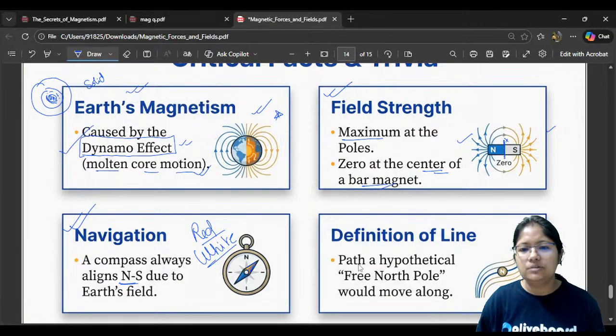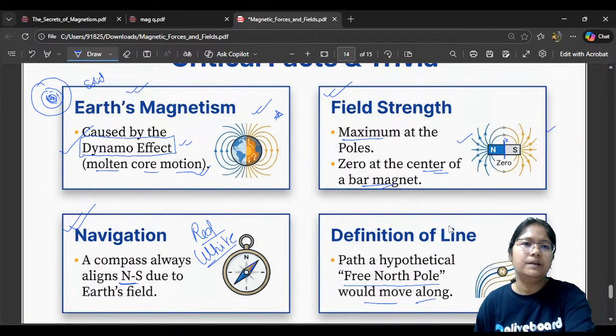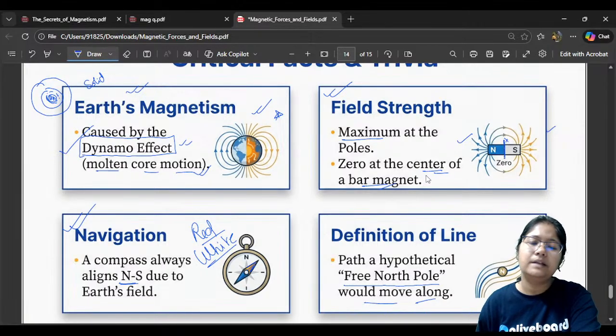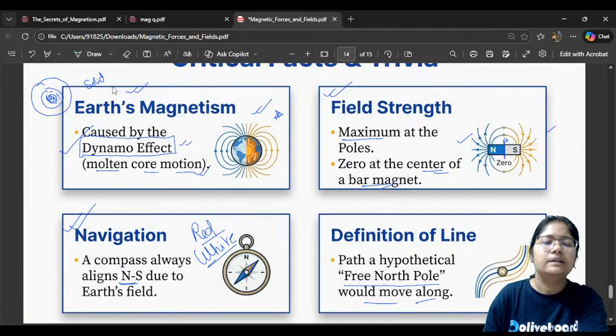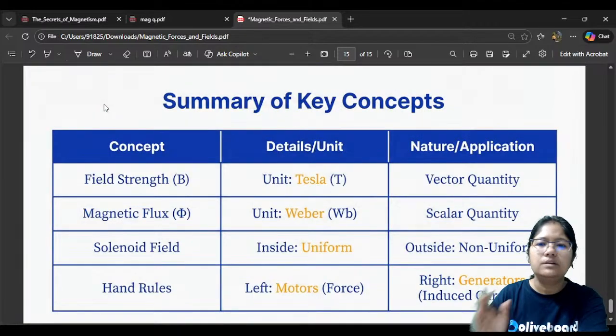And coming to the path a hypothetical free north pole would move along. If you are suspending a magnet, you can skip this part. If you are suspending a magnet freely, in that case they will show that this is the north and this is the south, and they will always align in which direction? In the north south direction.